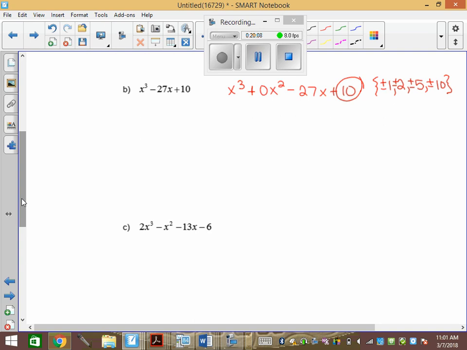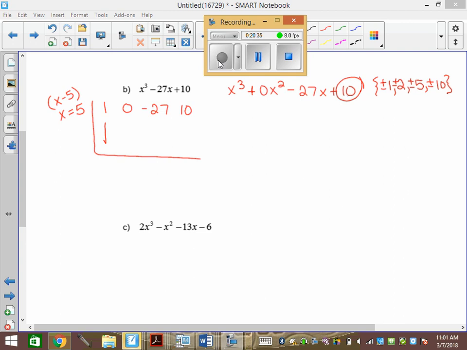So which one works? So we're going to say x equals 5, which means my factor is x minus 5. You agree? Then we put in our numbers. 1, 0, negative 27, 10.